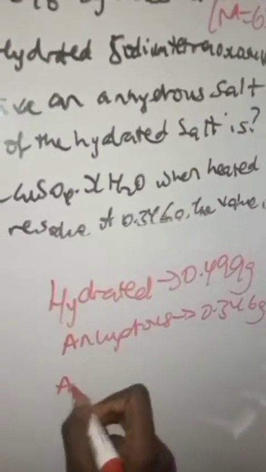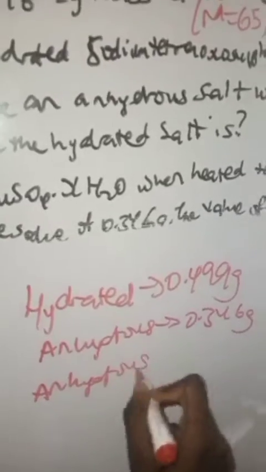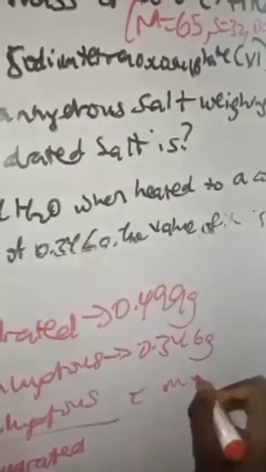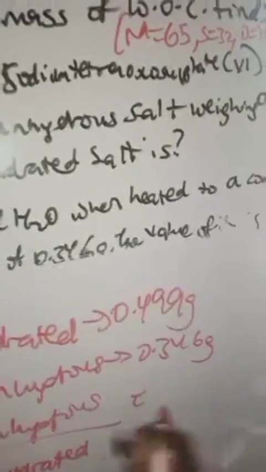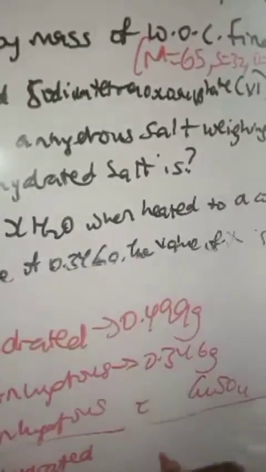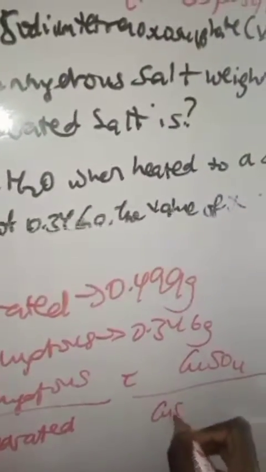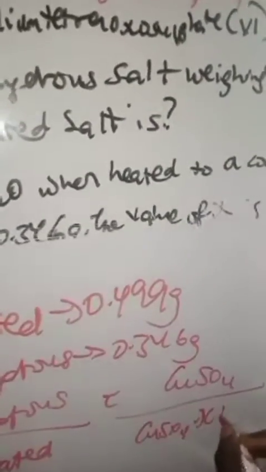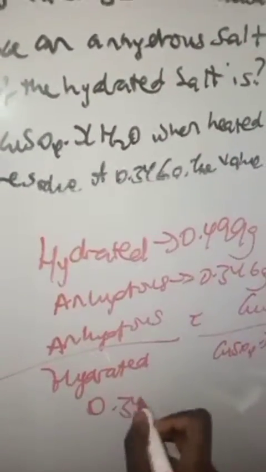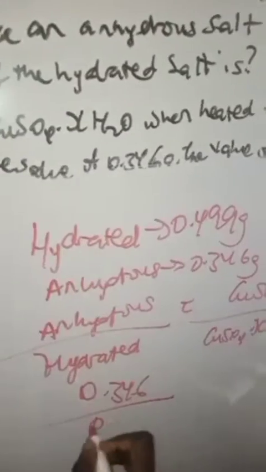So you have anhydrous over hydrated is equal to the mass and the molar mass. What's our anhydrous? CuSO4, over what's the molar mass of the hydrated? CuSO4.xH2O. Anhydrous is 0.346. Hydrated is 0.499.